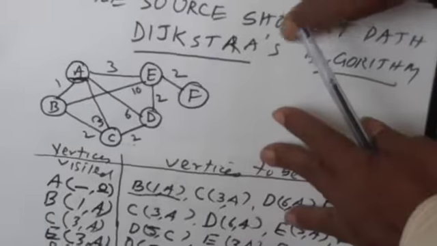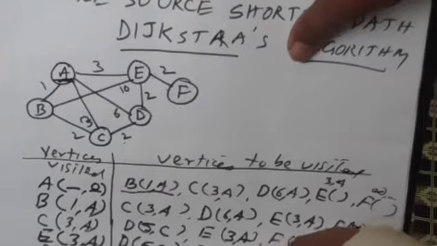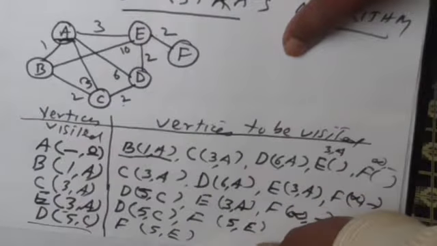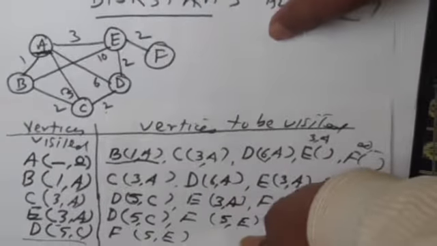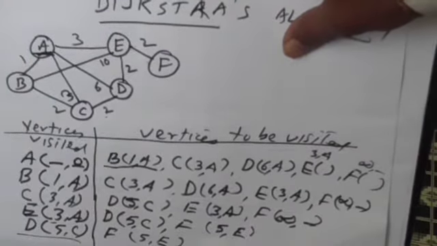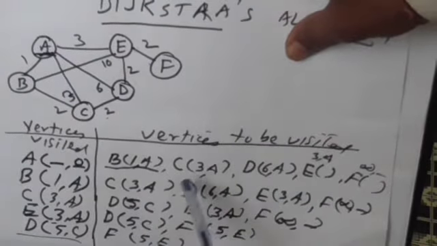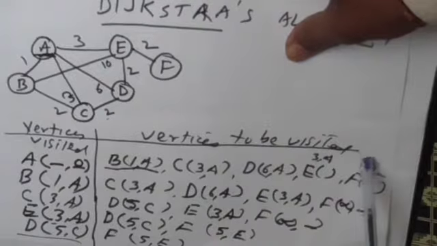In the process, I construct a table containing two columns. One is the vertices it has visited so far and the other is the vertices to be visited.